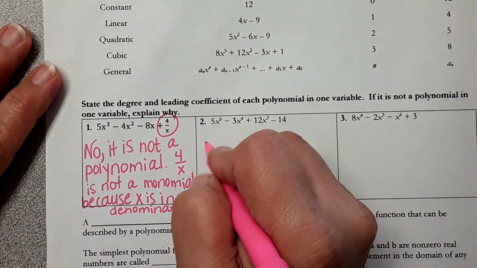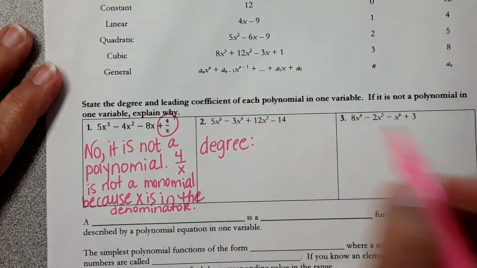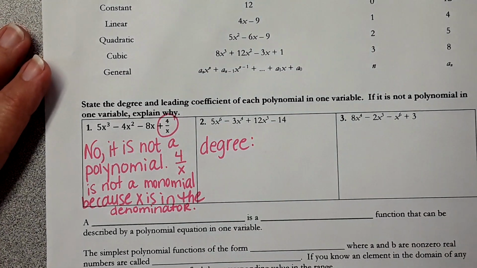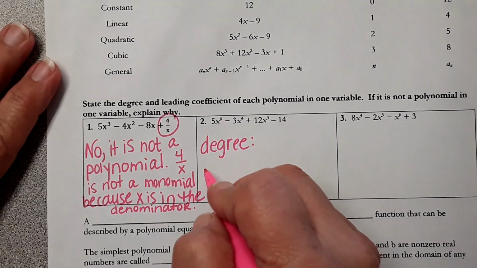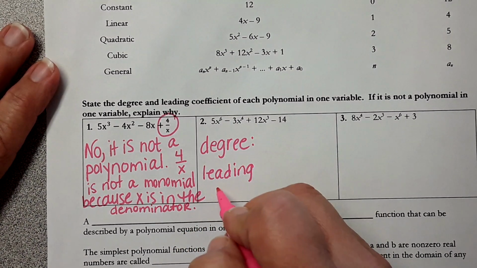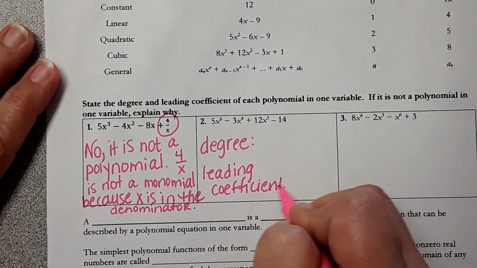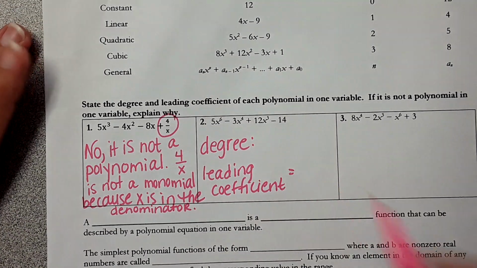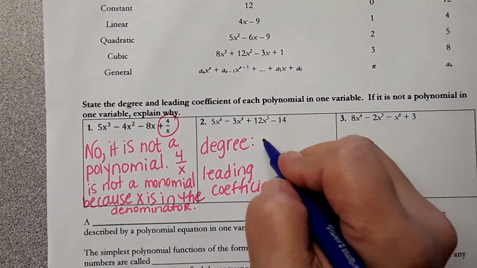So I'm going to ask you my degree. And remember, when it's in one variable, the degree is the largest exponent you see. And I'm going to ask you about the leading coefficient. So, what is the degree of this particular polynomial? Yes, it is 6.